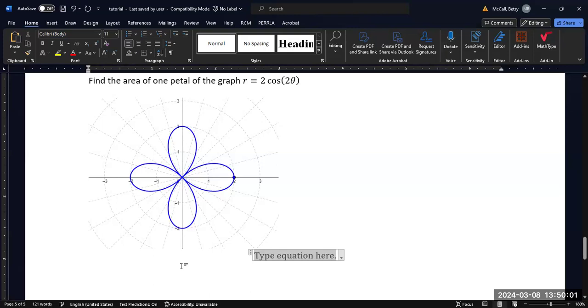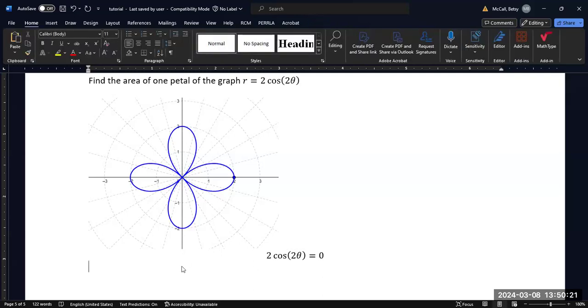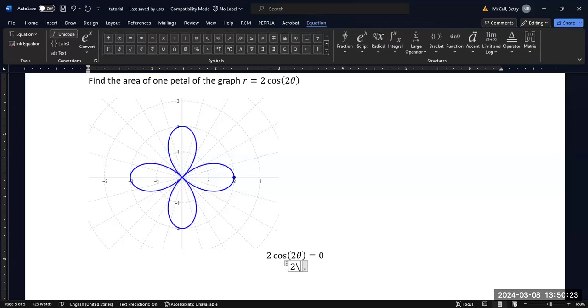So to start with, we're going to have to find values of theta that are going to actually cross over that origin. So we're going to set r equal to 0, and we're going to solve for theta. 2 cosine 2 theta equals 0. So the 2 doesn't do anything, and so we're going to look at values of 2 theta where cosine is equal to 0.